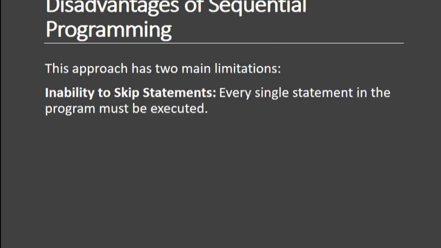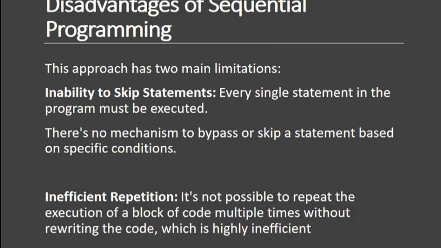Next, what are the disadvantages of the sequential programming method? This approach has two main limitations. First, inability to skip statements. Every single statement in the program must be executed, and there is no mechanism to bypass or skip a statement based on specific conditions. For example, I wrote instructions 1, 2, 3, 4, 5, 6.